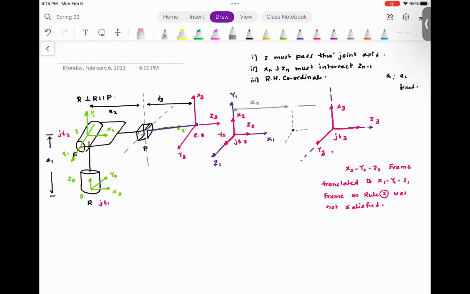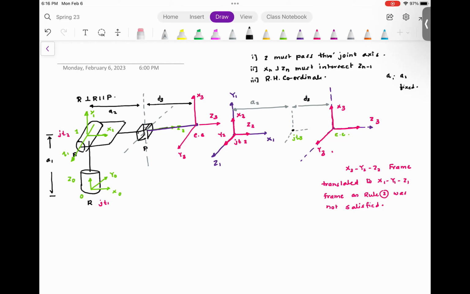This is the end effector. This is joint 3. And B3. Are you with me? So basically, this is the location of joint 3.